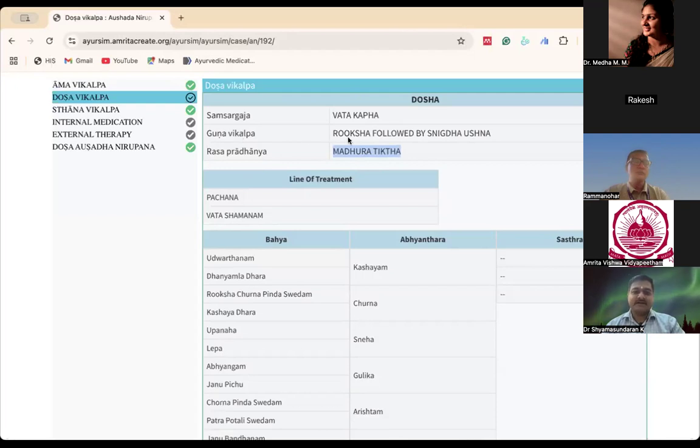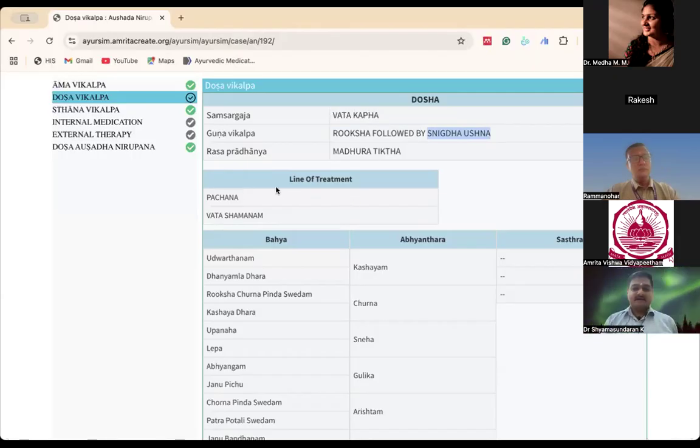So Guna Vikalpa, here it says Ruksha followed by Ushna. So first you will do some Ruksha to eliminate the Ama, and then Snigdha and Ushna you may use, and then do the Shodhana, which is the general line of treatment that you adopt, because the doshas were Vata and Kapha.